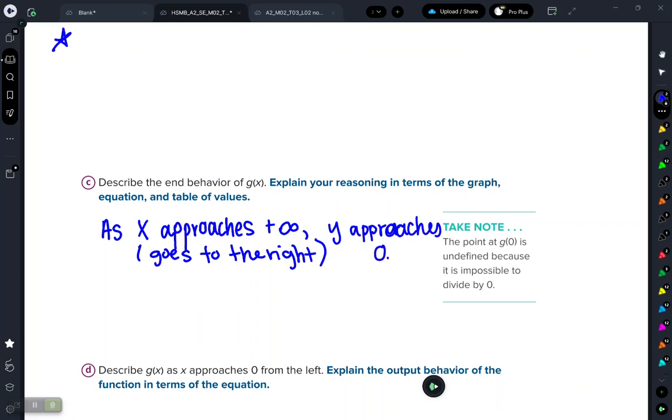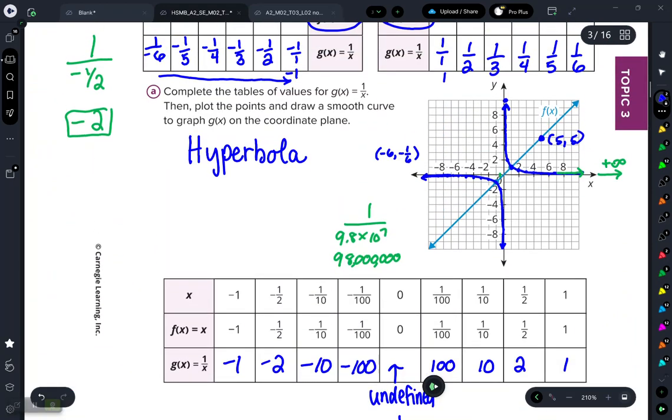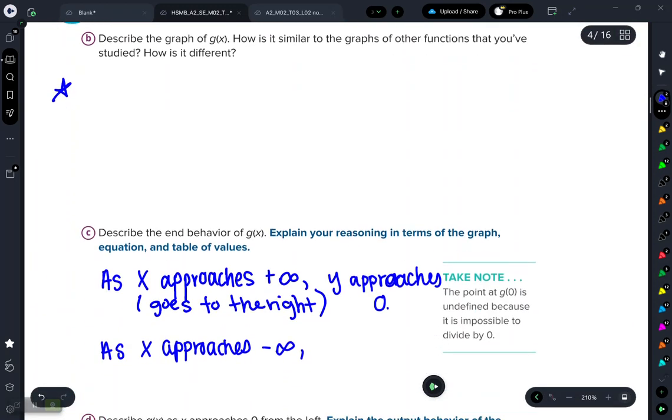And if we go to the left, as x approaches negative infinity, it's doing the same thing, but it's going from the negative side, but it is still approaching 0.